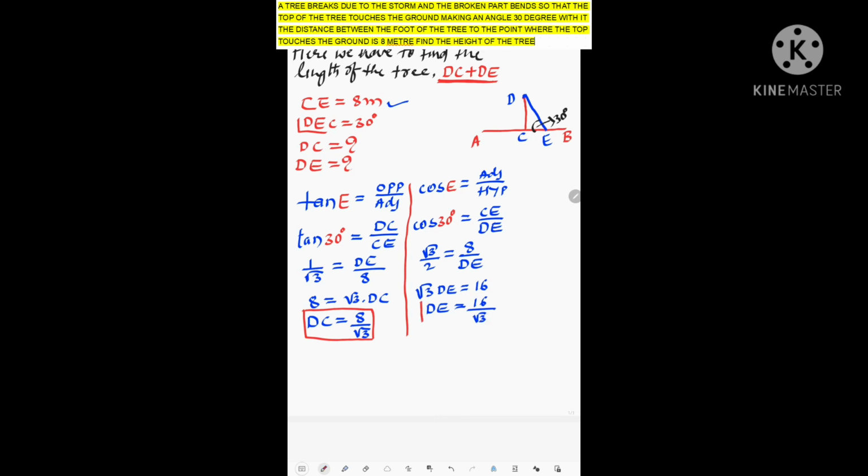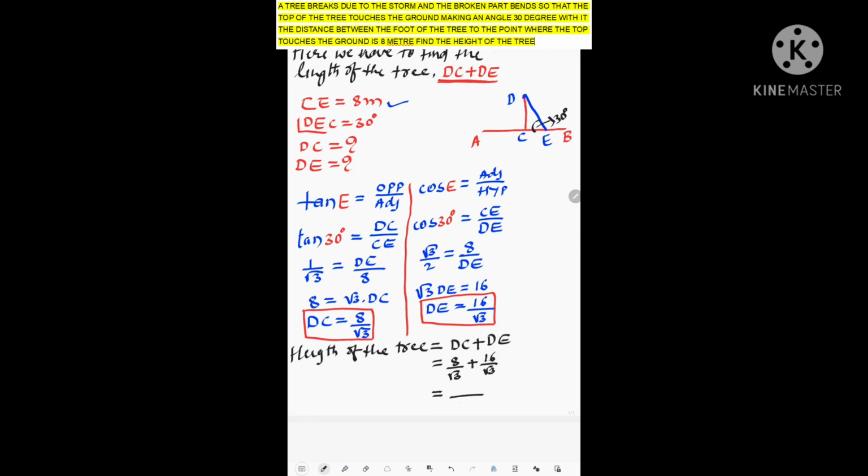DE is 16 by root 3. Now the total height of the tree is equal to DC plus DE. Both values we already found. DC is 8 divided by root 3, plus DE is 16 divided by root 3.